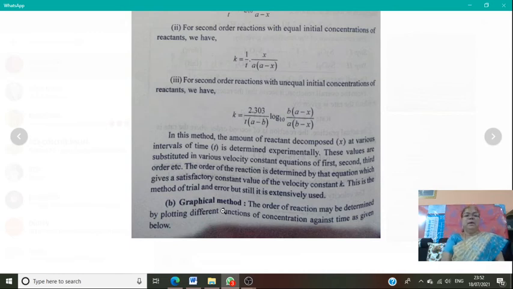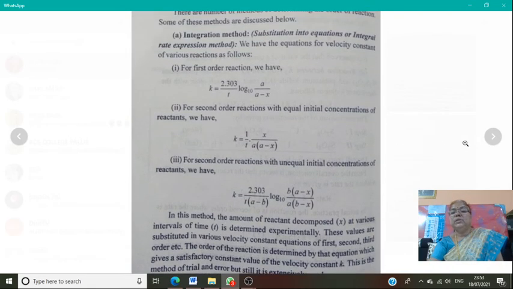Then the graphical method, to confirm whether this reaction is of first order or second order. The order of reaction may be determined by plotting different functions of concentrations against time.